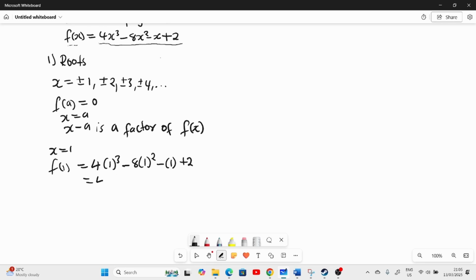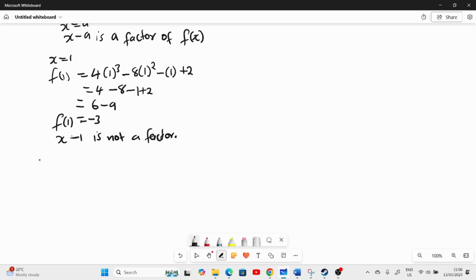Let's evaluate this. We get a 4 there, minus 8 minus 1 plus 2. This is going to give us 6 minus 9, so we're going to have minus 3. Okay, f of 1 is minus 3, so it means that x minus 1 is not a factor. So we'll continue.